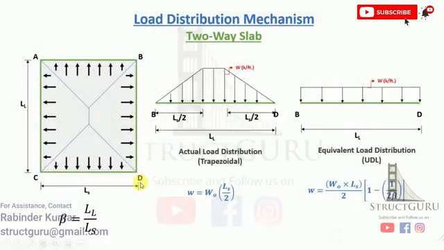Along longer beams, the load is distributed in a trapezoidal manner and its magnitude is calculated as W0 Ls divided by 2, and its equivalent uniformly distributed load is calculated as W0 Ls divided by 2 times (1 minus 1 over 2 beta), where beta represents the ratio of longer span to shorter span.